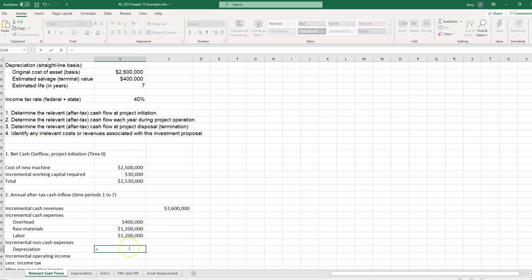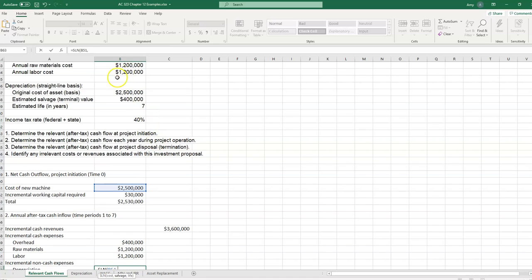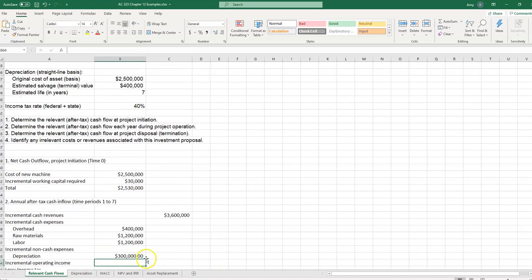So our depreciation, we're doing straight line depreciation. So we use the straight line depreciation calculation in Excel. We have the cost, our salvage value, and our useful life. So we have $300,000 in depreciation.